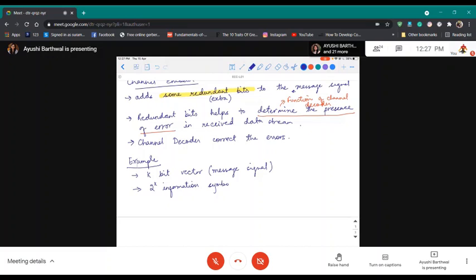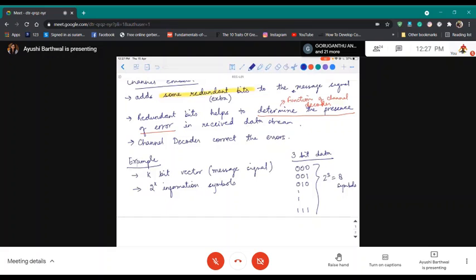For example, if your input data is 3-bit data, what are the possibilities of this 3-bit data? It will be 000, 001, 010 till 111. So how many information symbols are these? 8. So 8 symbols are there.